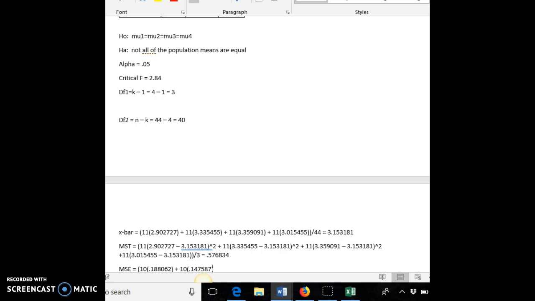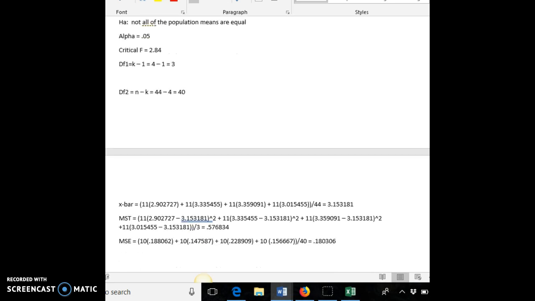And then 11 minus 1 again, so 10 again, and our third variance. And we want to take 11 minus 1, or 10 again, times our fourth variance. And all of that gets divided by our second degrees of freedom, so the 40. And if we do that, we get this value.